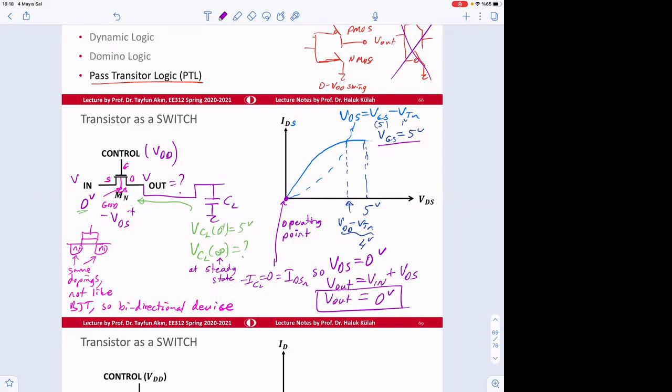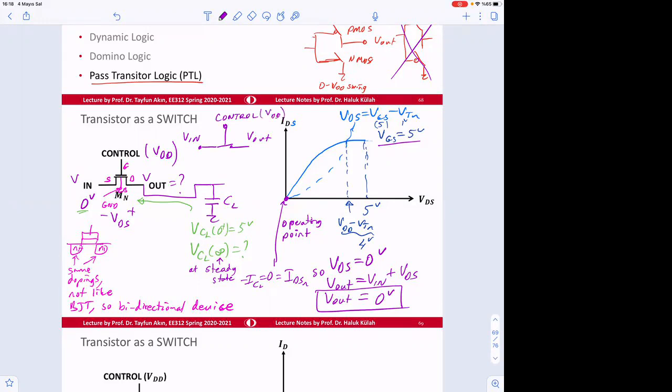So this can be nicely considered as a nice switch here. This is in, this is V out, and this one is control, which is VDD.